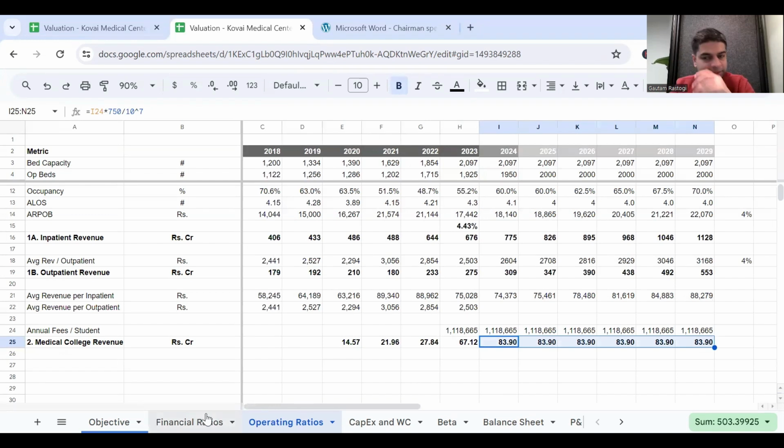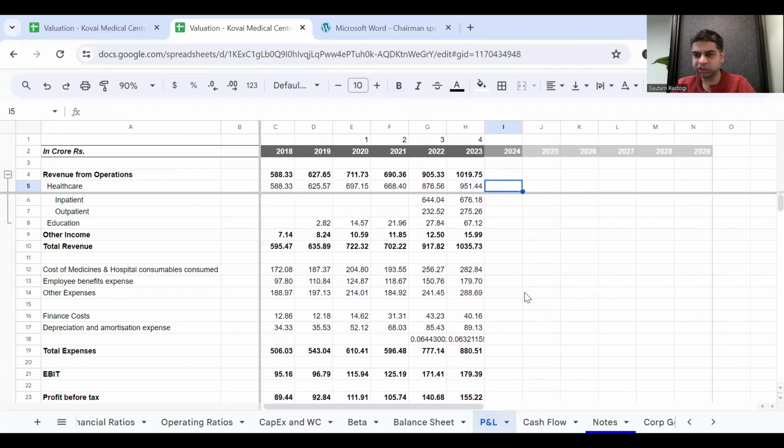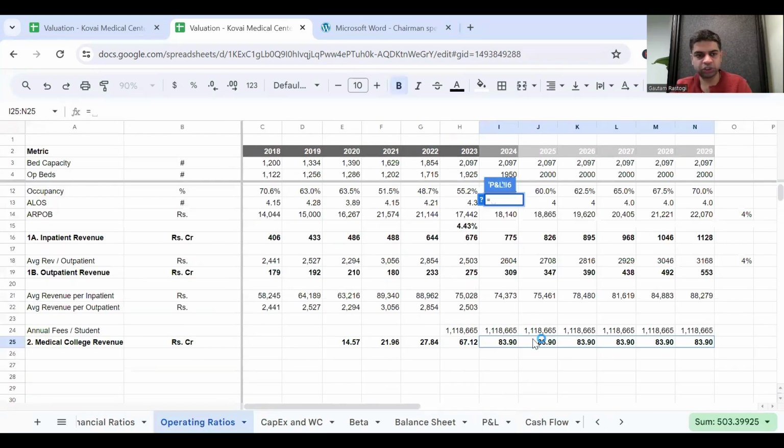Now with all of this, let's model the P&L, the profit, the sales. So I switched over to the P&L sheet. Here in healthcare, let me pull the inpatient sales from my operational ratio sheet.